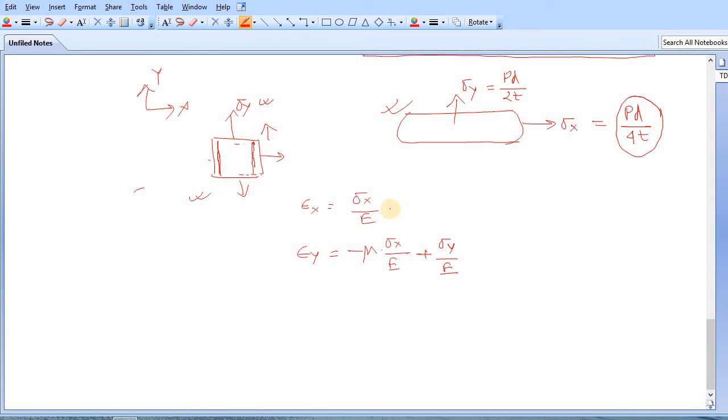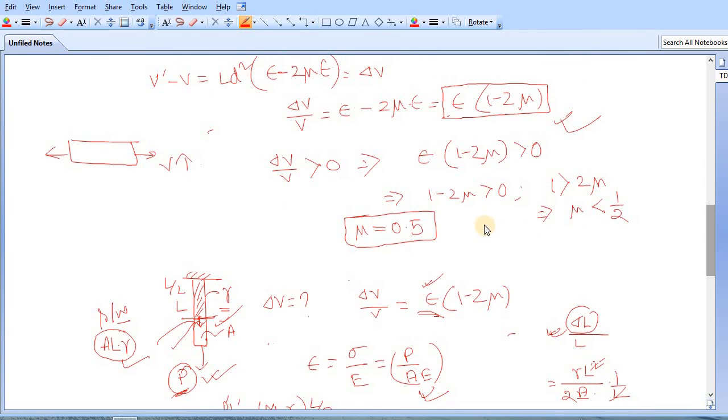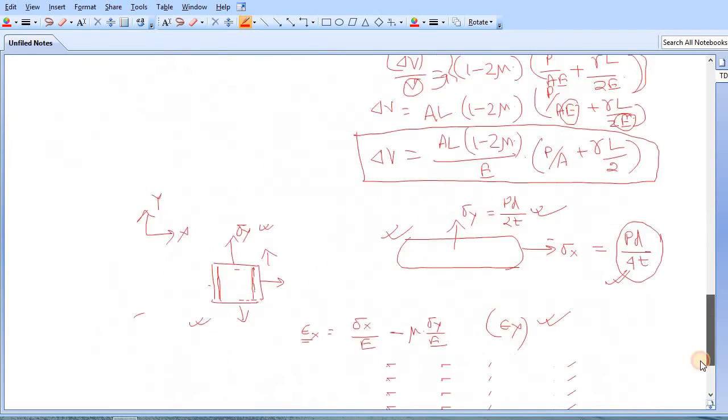This is your strain in the x direction and it is negative, that is mu times sigma y by E. Once sigma x and sigma y are known to you, you can calculate the strain in the x direction and the strain in the y direction. Once these are calculated, apply the same approach again to calculate the unit volume change.